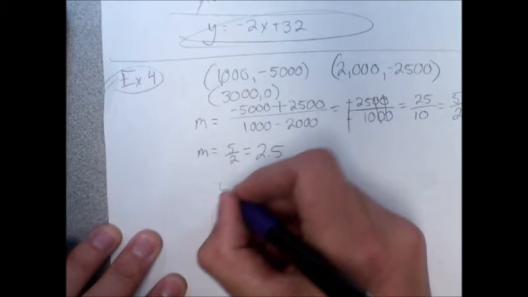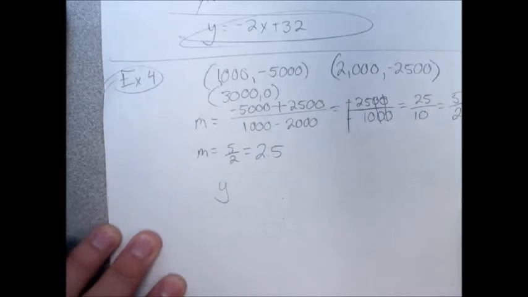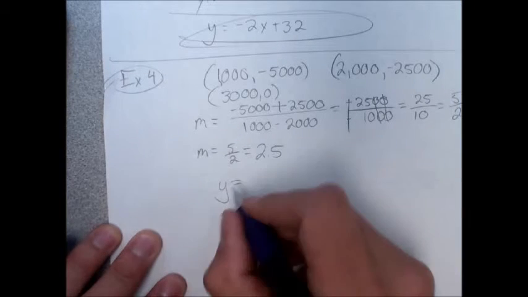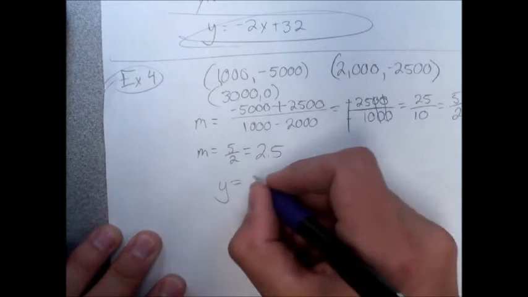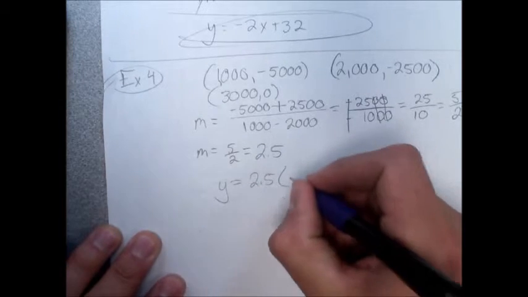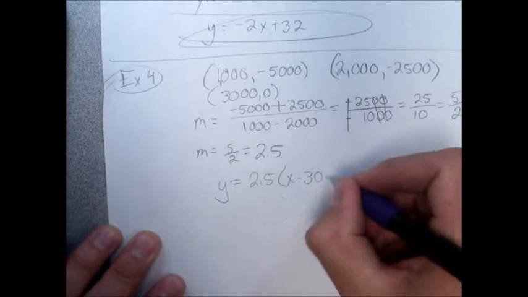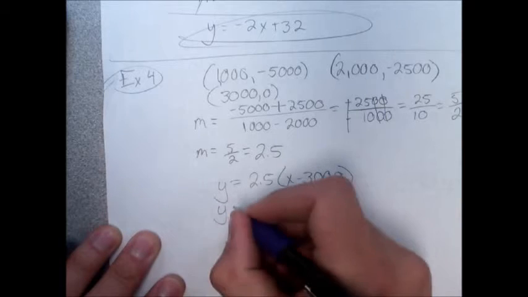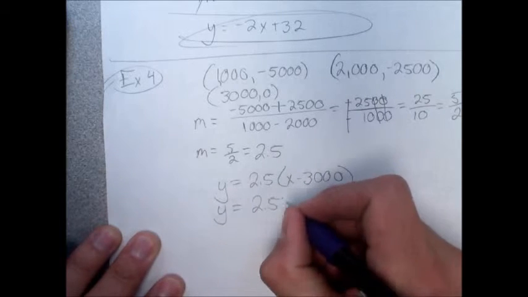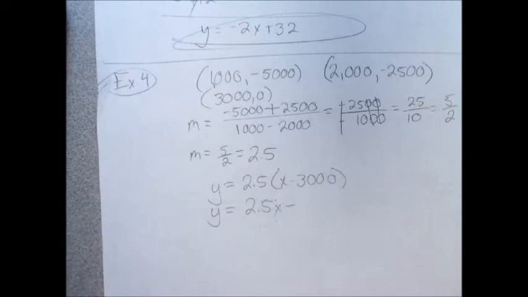Okay, so y minus 0. So blam. I don't have to even write down that. No point. Okay, so y minus 0 is just y, so I just wrote it down. And then I have my slope, 2.5, and open parentheses, x minus 3,000. Okay, and just distribute. That's all that I have to do. So I get 2.5x minus 2.5 times 3,000.